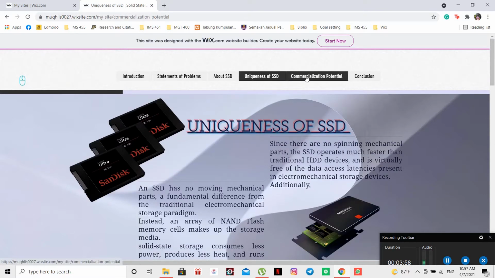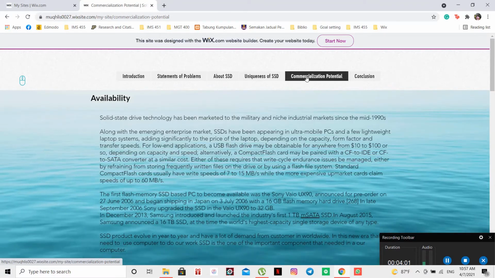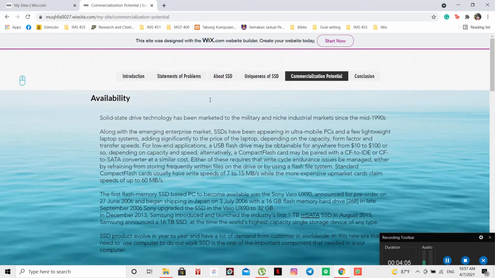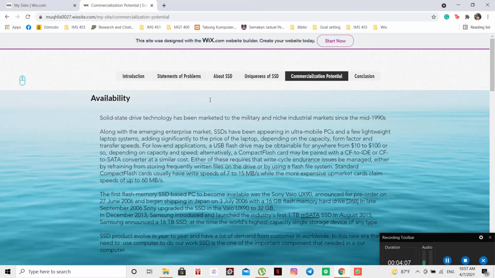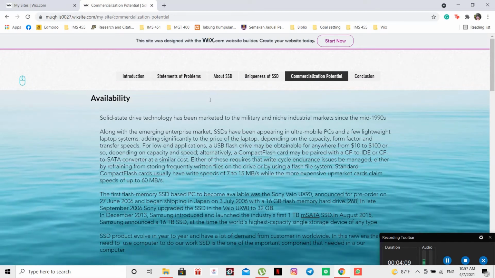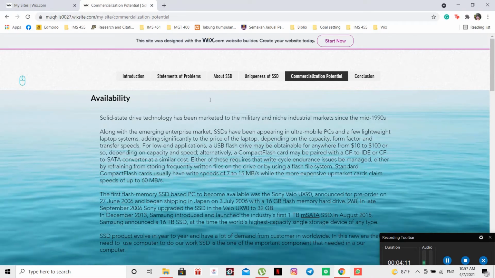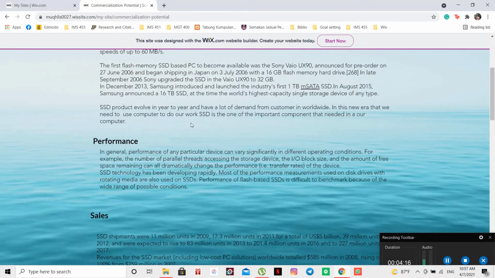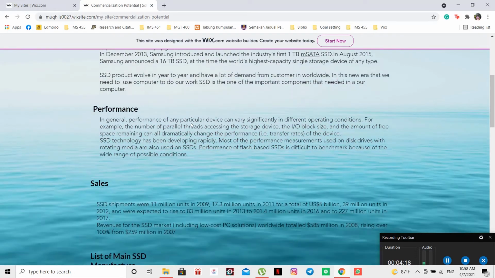Then we move on to the commercialization potential. In this web page, we give out information explaining the availability, where we can purchase or get SSDs nowadays, and their performances.